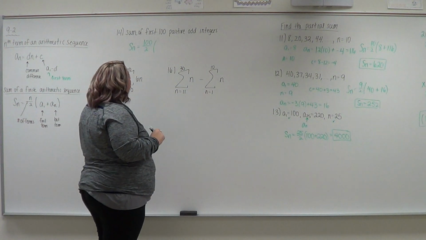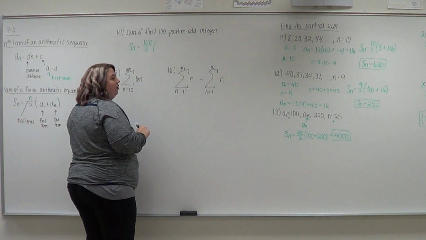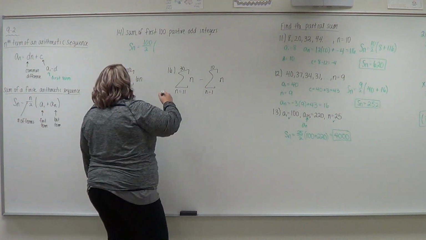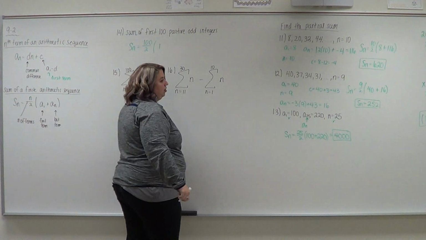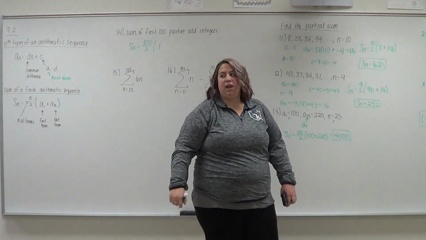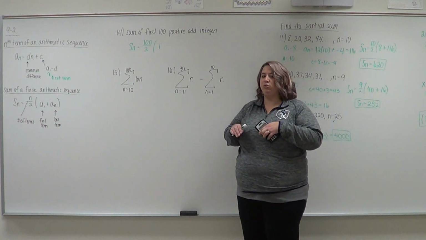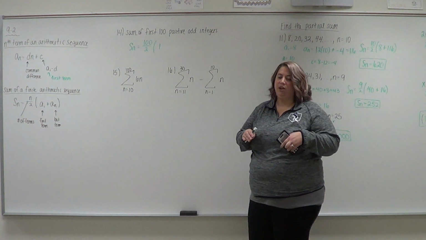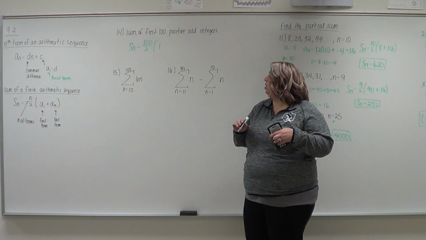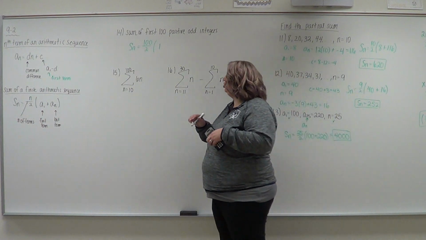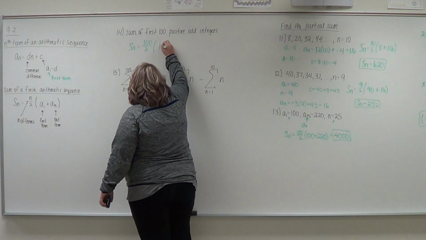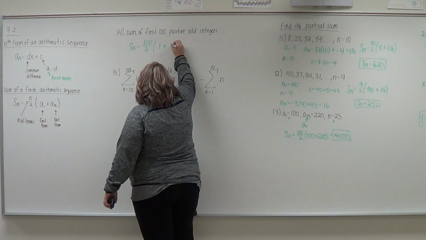Then I need to know, what are those? Well, the very first positive odd integer would be 1. If 1 between 100, that's 100 numbers. Half of those are odd, half of those are even. So if I want to know the first 100 positive odd integers, my last term wouldn't be 99, because that just gives me 50 numbers.